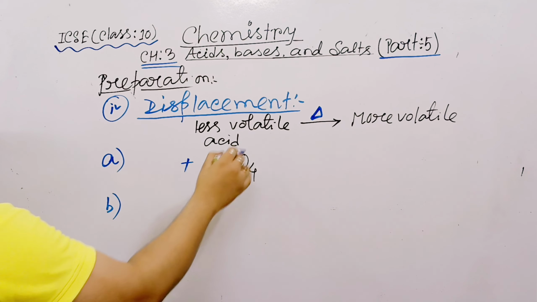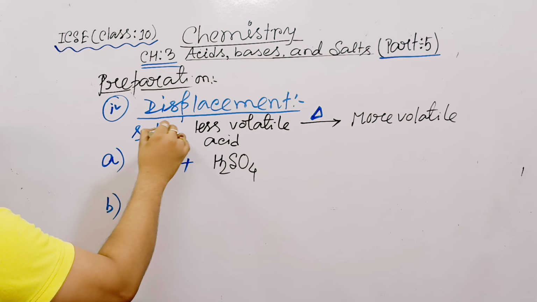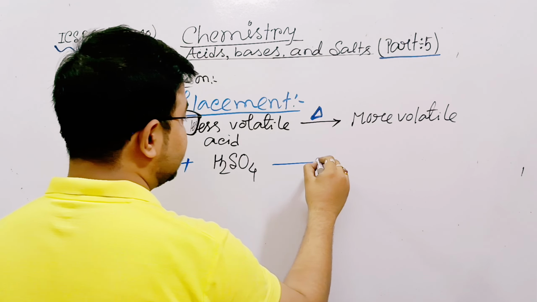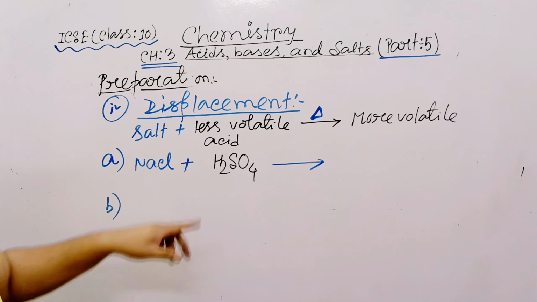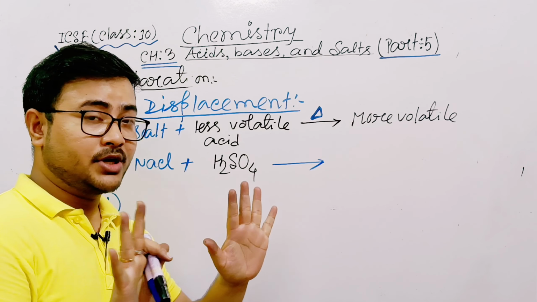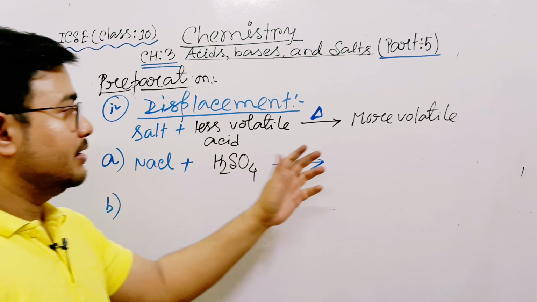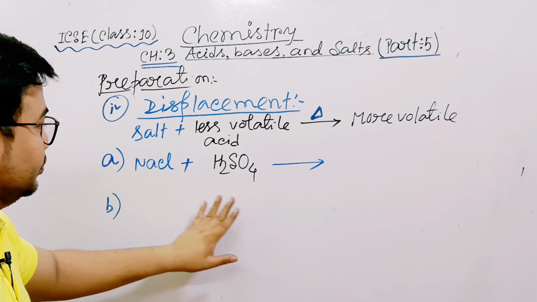See, less volatile acid when it reacts with any salt, salt means suppose NaCl. See what is the answer. See, tell me first, don't memorize anything. Suppose it is an acid. Suppose I do not know what is the more volatile acid. Forget about more volatile acid.